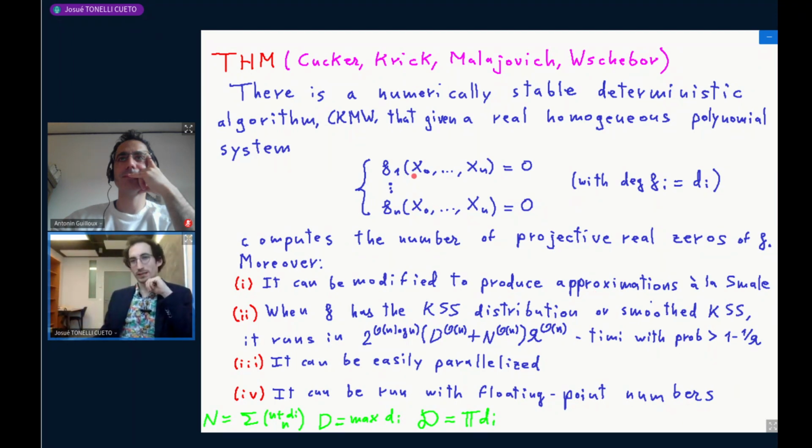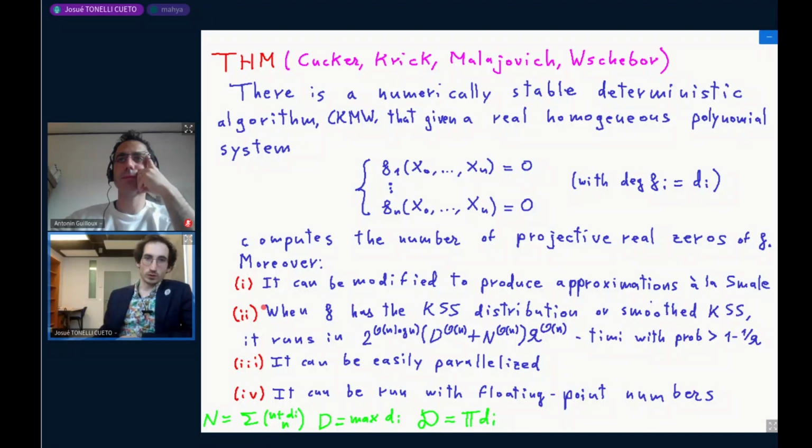So there is a numerically stable deterministic algorithm, which I usually call CKMW, that if you give it a real homogeneous polynomial system, where each polynomial has degree d_i, computes the number of projective real zeros of f.